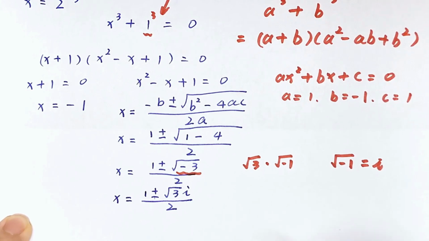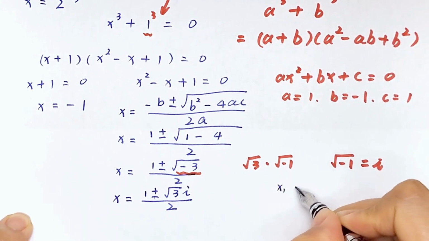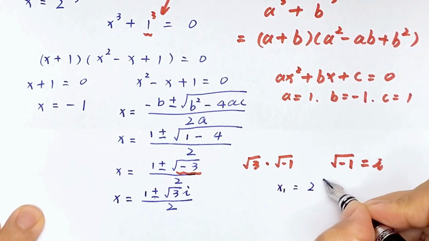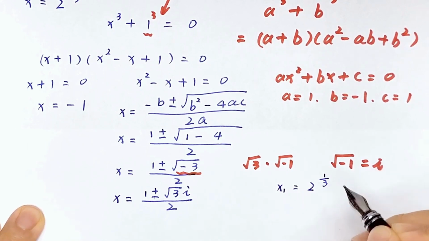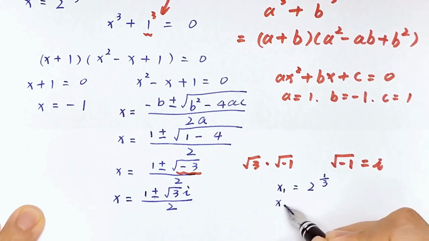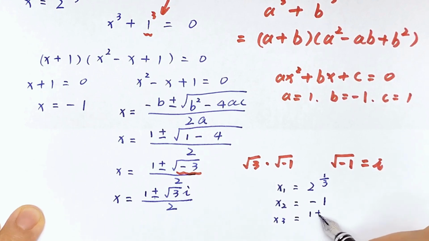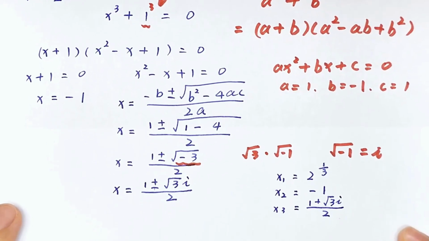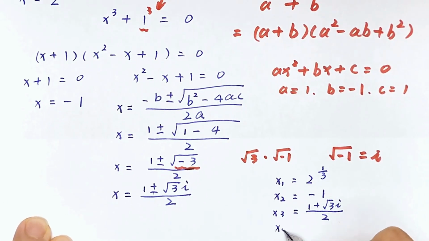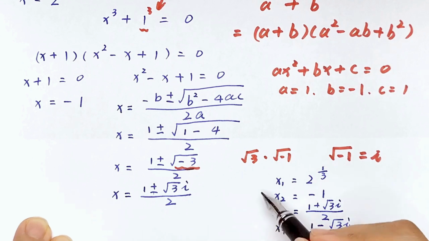Therefore, our answers are x is equal to 2 to the power 1 over 3, and x is equal to -1, and x is equal to 1 plus square root of 3 i over 2, and x is equal to 1 minus square root of 3 i over 2.